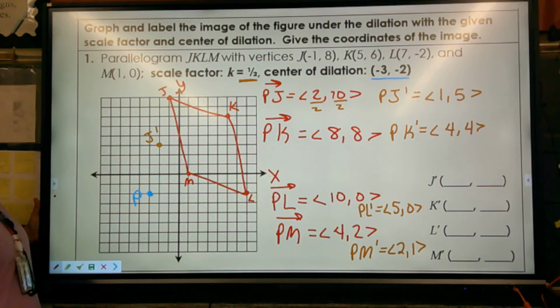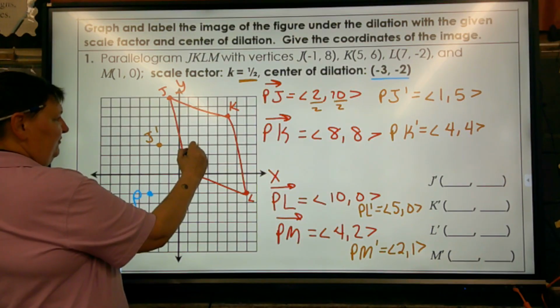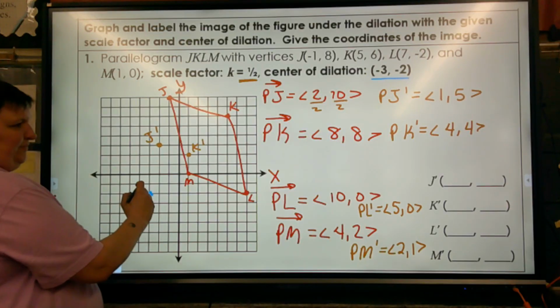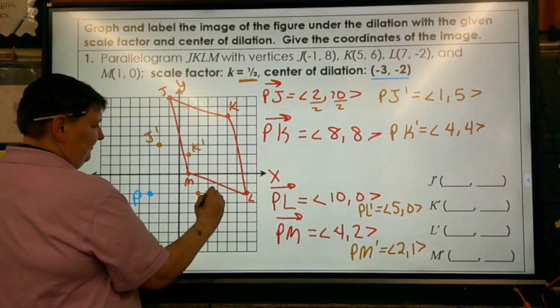Start at P, go 4 to the right, 4 up, and that will give you K prime. For L prime, start at P, go 5 to the right, 0 up or down.